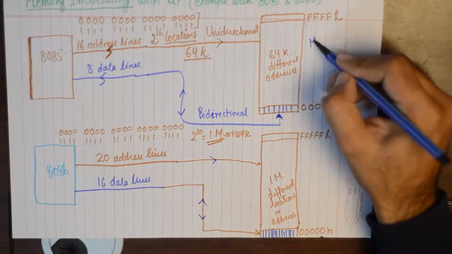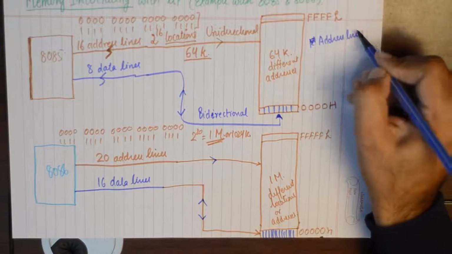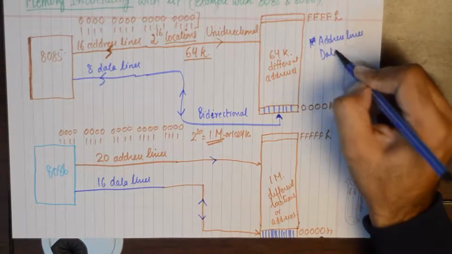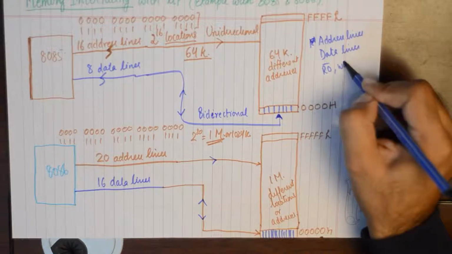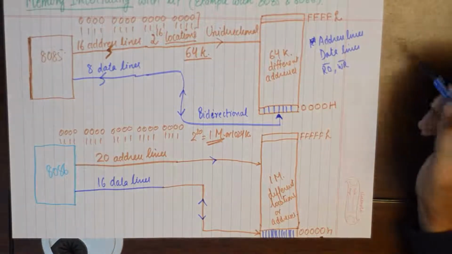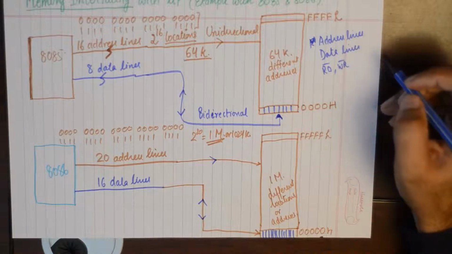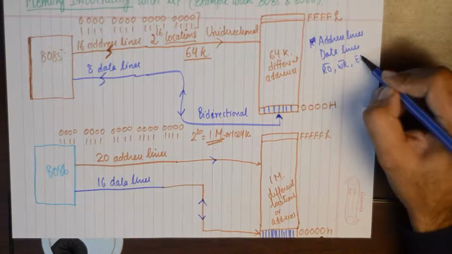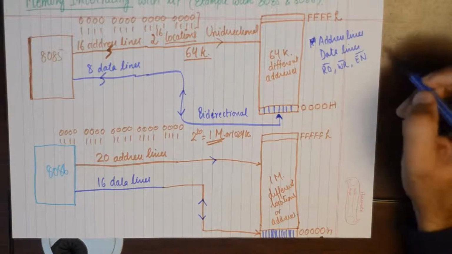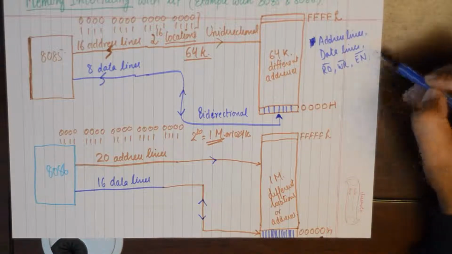It'll have address lines, data lines, read or write lines depending upon whether it's a RAM or a ROM, then chip enable and a few others that we will see.